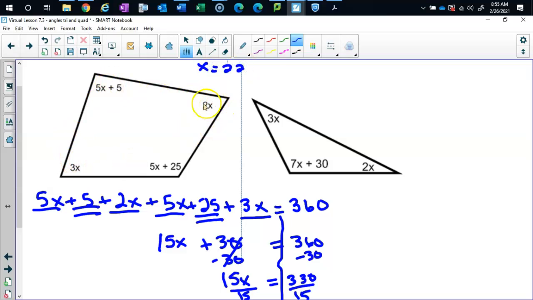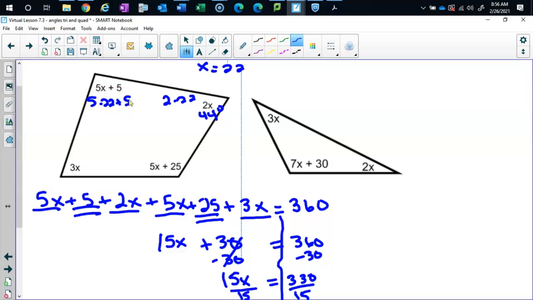Find these angles. So 2x, doesn't that mean 2 times x? So 2 times 22 is 44 degrees. That angle is 44 degrees. You put x that you just found, which was 22, into the angle. So this will be 5 times 22 plus 5.